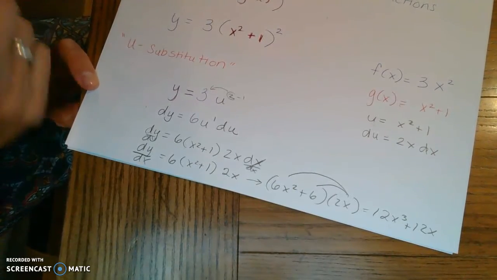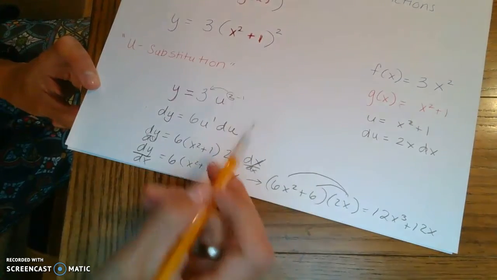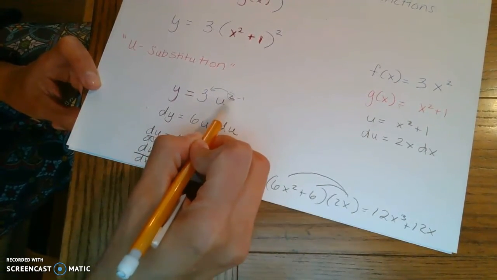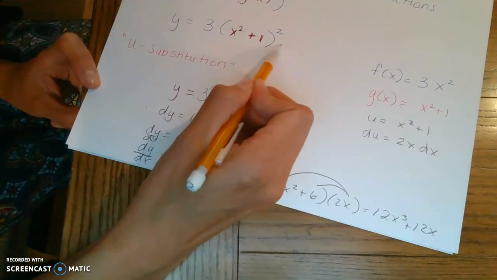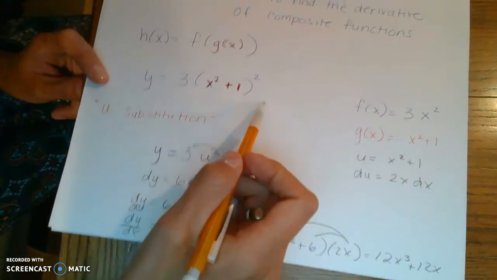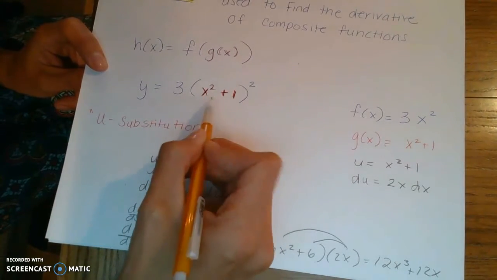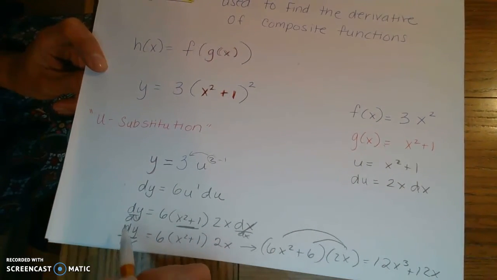The chain rule is looking at it as two composite functions and seeing that what had happened was we took the derivative of what I consider the whole function, okay? So we're looking at this whole function and saying this 2 is coming in front. And then I just keep that x squared plus 1.